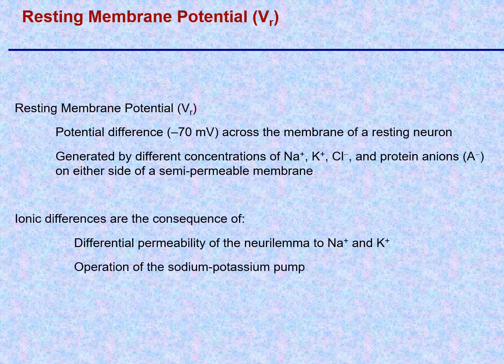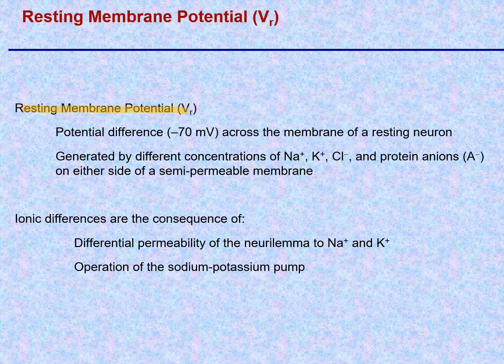So we talked about this separation of charge, and that normally cells are negative on the inside because of the sodium-potassium pump. Neurons do have a negative charge on the inside, and if they're at rest, that negative charge is called the resting membrane potential.